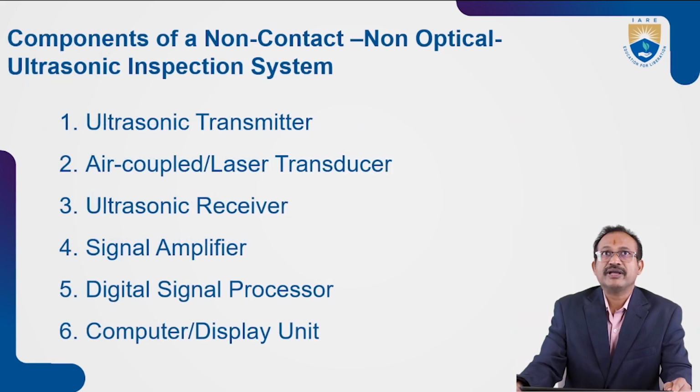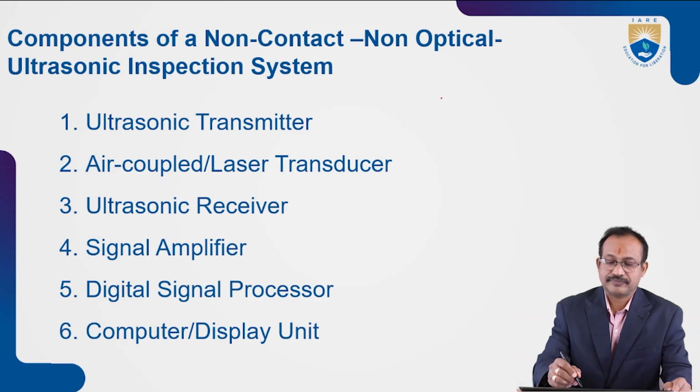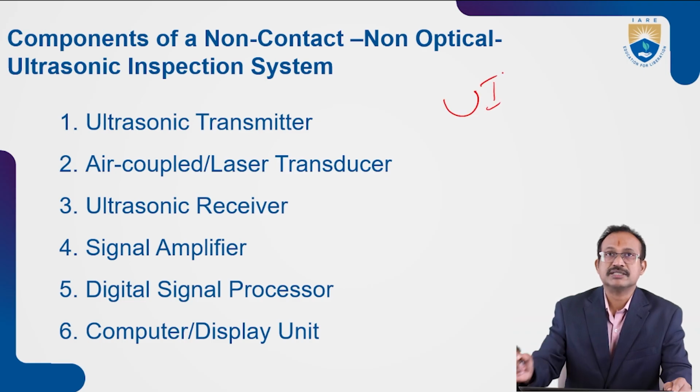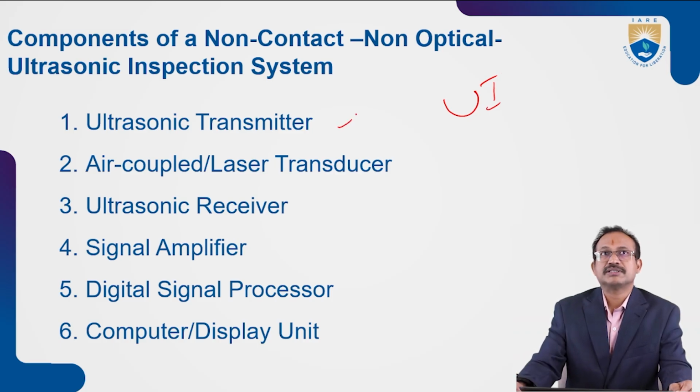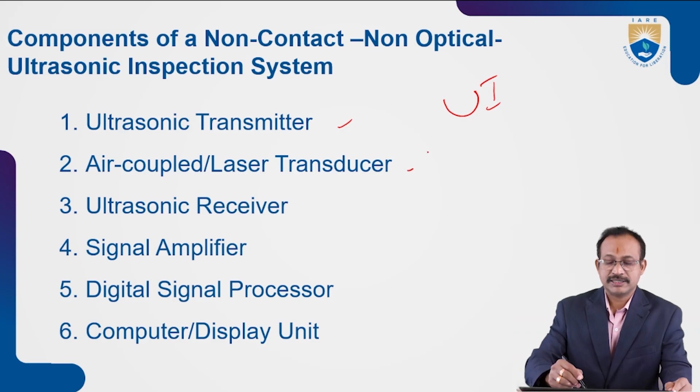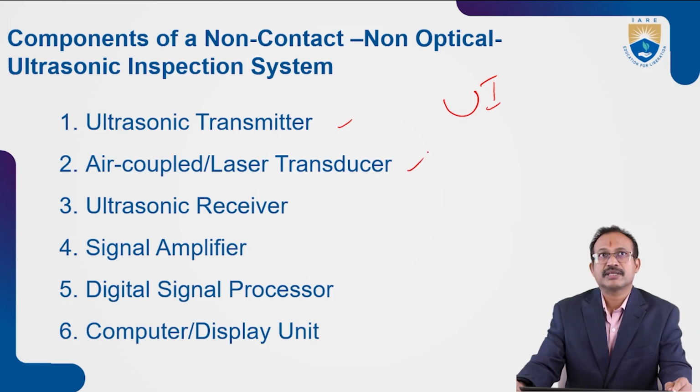Components of a non-contact, non-optical ultrasonic inspection system. First, ultrasonic transmitter. Second, air coupled or laser transducer. Third, ultrasonic receiver.